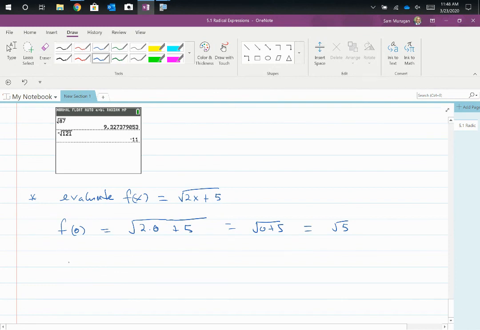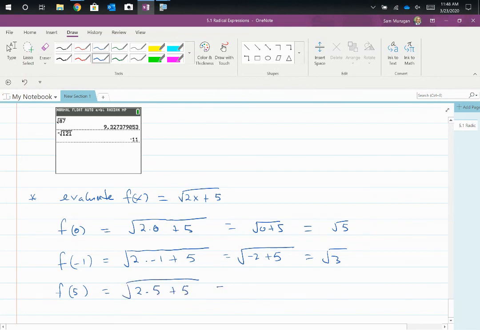Or you may be asked to evaluate negative 1. So 2 times negative 1 plus 5, which is negative 2 plus 5, which is square root of 3. Or you may be asked to evaluate 5, which is 2 times 5 plus 5, which is 10 plus 5, which is equal to square root of 15. Square root of 15 cannot be simplified further.